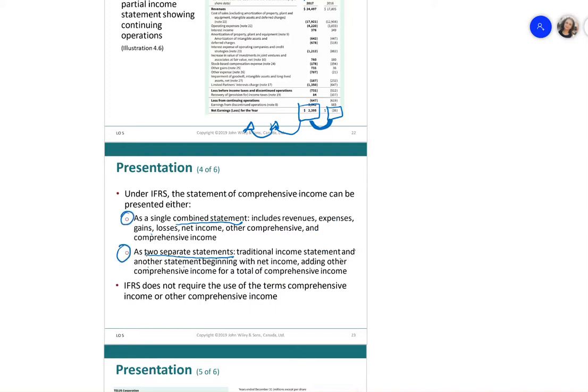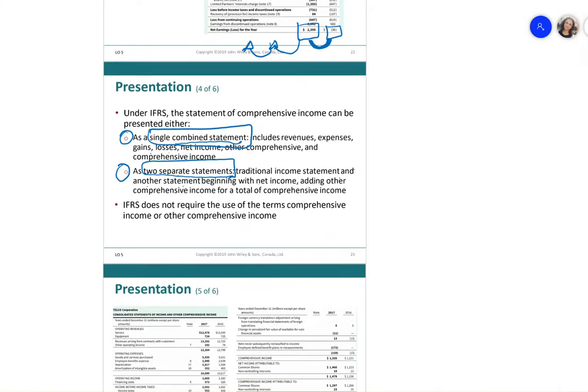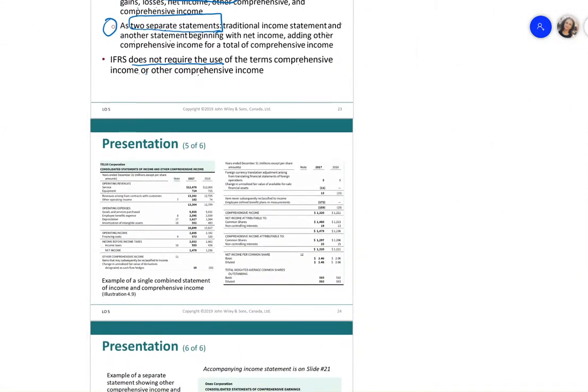Some companies use a single statement, and some use two separate statements to show this to their investors. They even say it does not require the use of comprehensive income or other comprehensive income. It's not required, but some companies just want to show it.